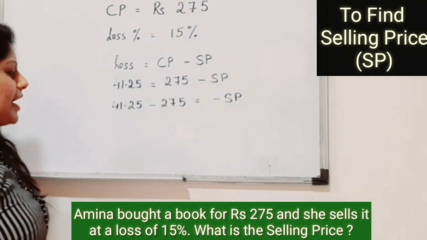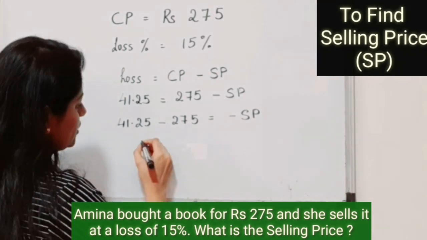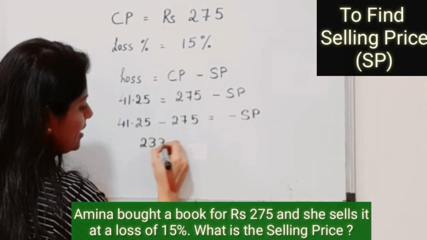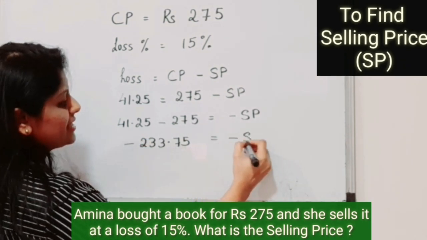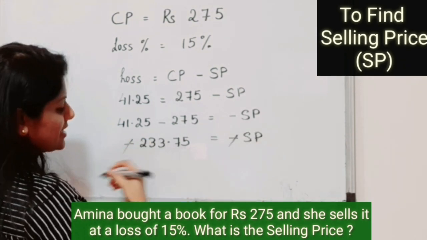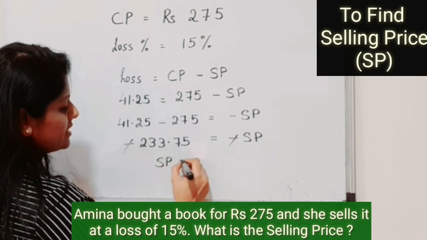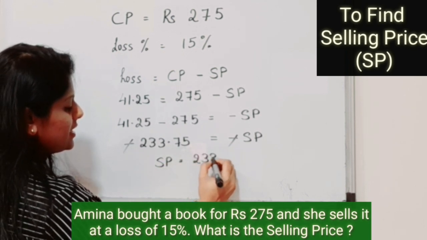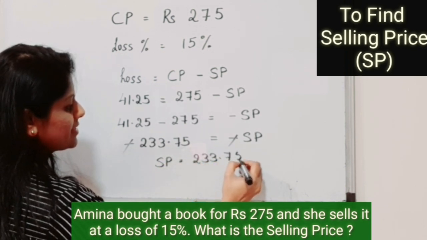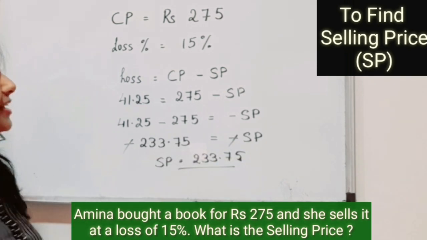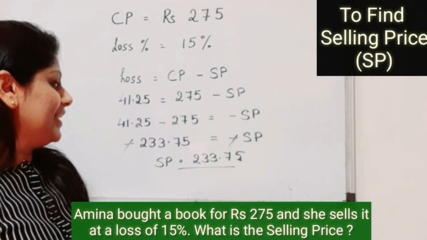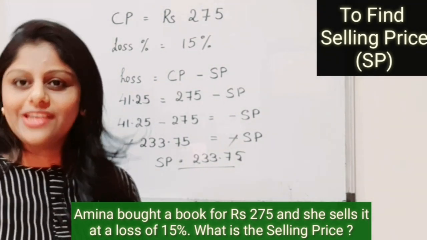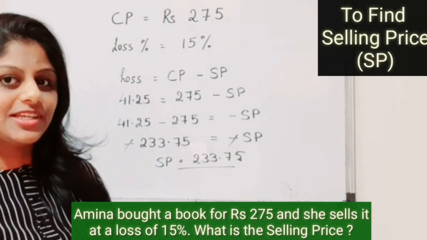On subtracting, we get the answer to be minus 233.75. So minus is equal to minus SP. Minus minus gets cancelled. Therefore SP is equal to 233.75. See, it was such an easy and quick way to find the selling price if the cost price and the loss percentage or the profit percentage is given.